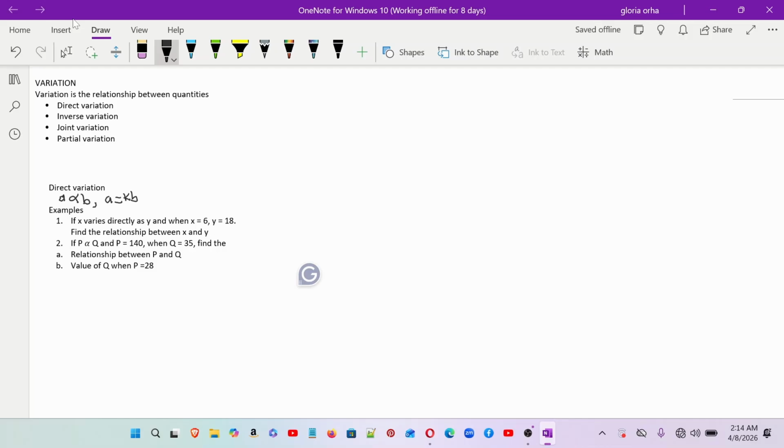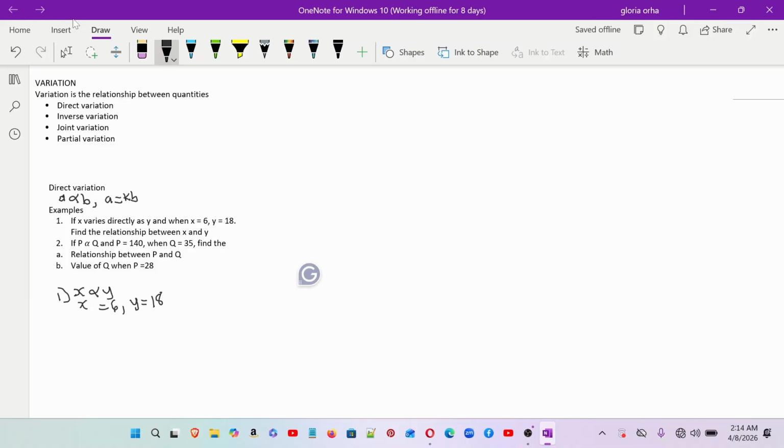Now, question 1. If X varies directly as Y, and when our X equal to 6 and Y equal to 18, we are told to find the relationship between X and Y. So our X is 6, right?